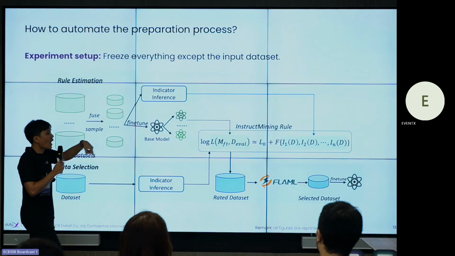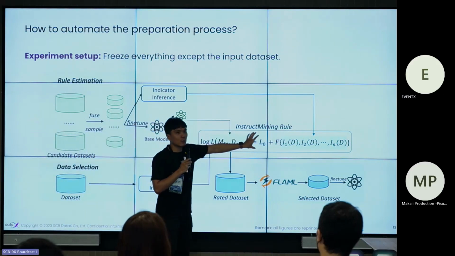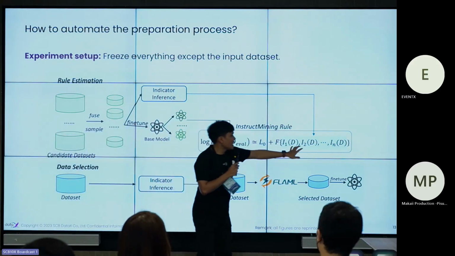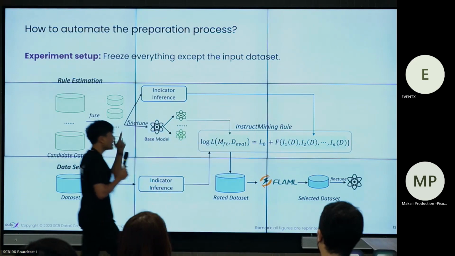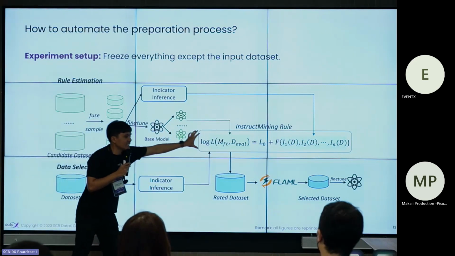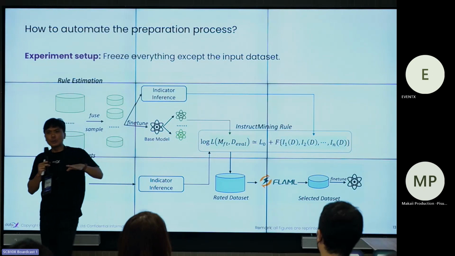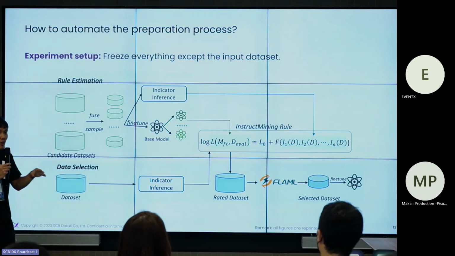We develop a model to predict the loss from the features here. Once we have this rule, this model here, we can use it to rate new data sets.